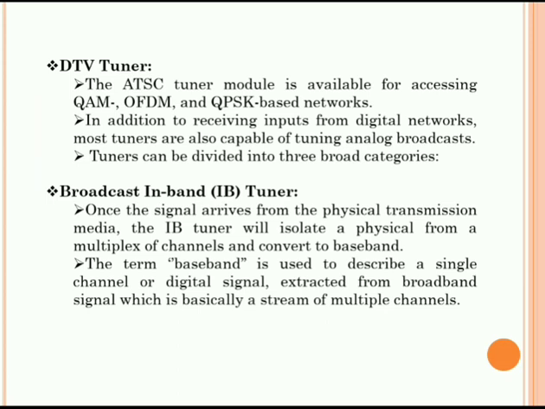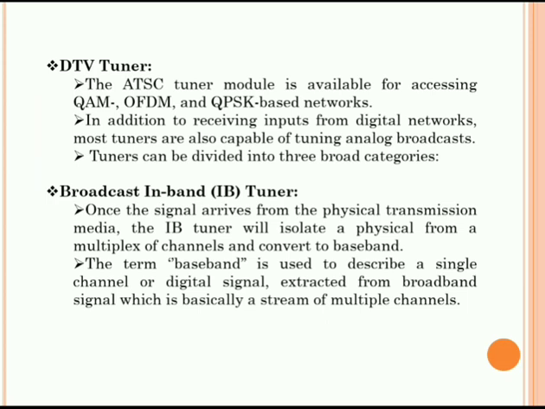Tuners can be divided into three broad categories. Broadcast in-band tuners: once the signal arrives from the physical transmission media, the in-band tuner will isolate a physical channel from a multiplex of channels and convert it to a baseband signal.